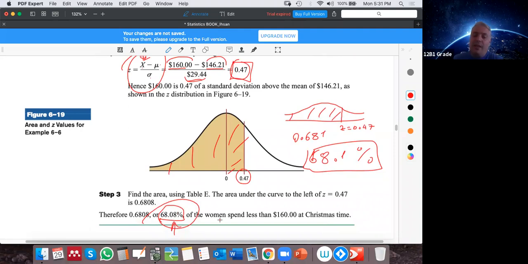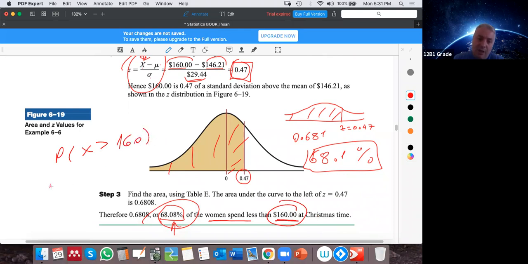So what is the meaning? The women who spent less than $160 is 68%. So 68% is spending less than $160. So if the question is find the women who are spending more than $160, what will be the answer?